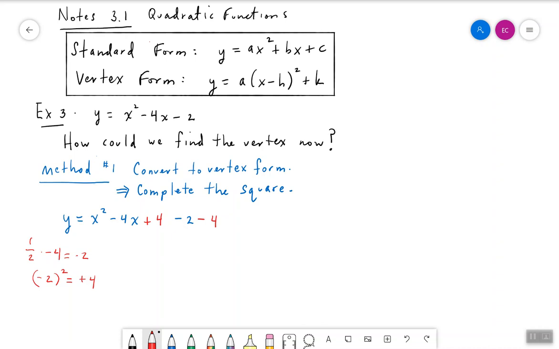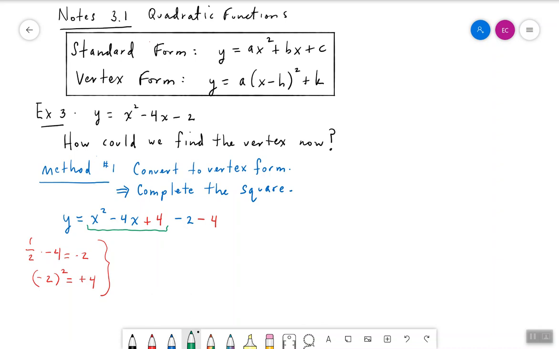And now look at what we've got. Look at our new formula, and you see the plus 4 and the minus 4 would cancel each other out, and so the new formula is equivalent to the formula we were given. So all this looks pretty good. And so we're going to take the x squared minus 4x plus 4, and we're going to factor that perfect square trinomial.